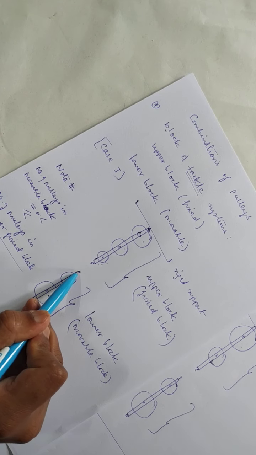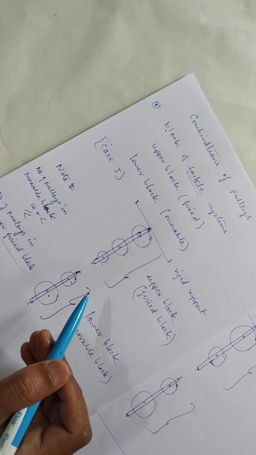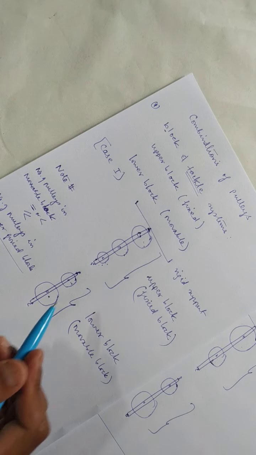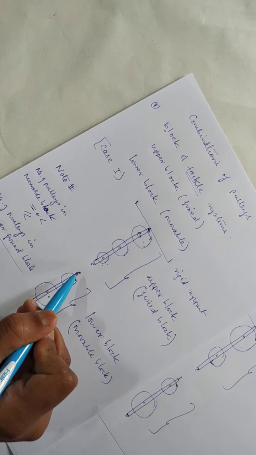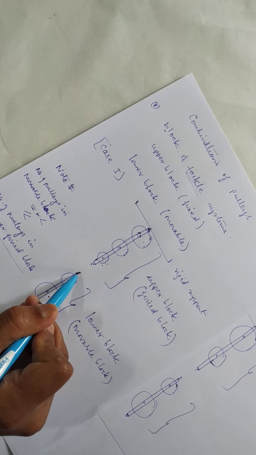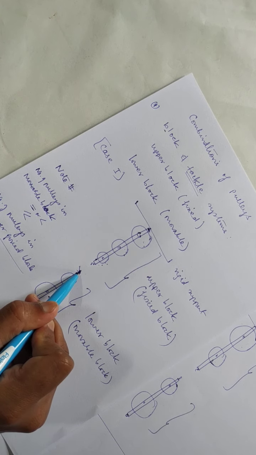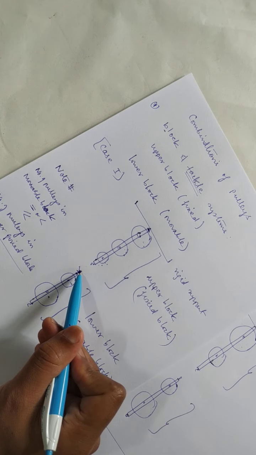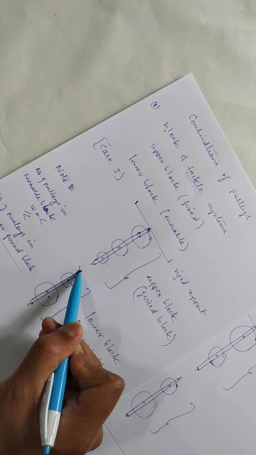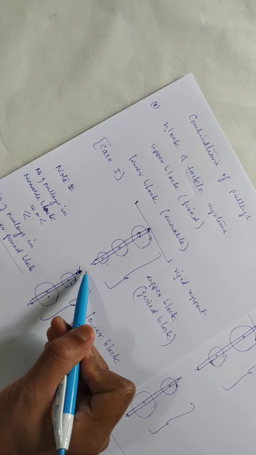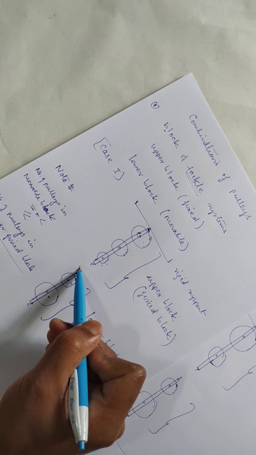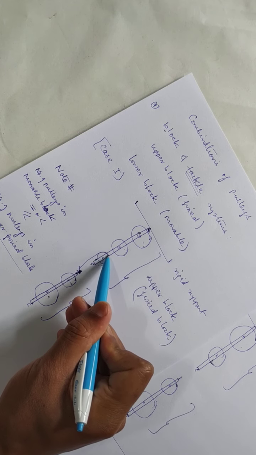So now what happens is, we have to pass the string. So we take one end of the string and we tie it to the lower end of the lower hook of the block. See here, this is the lower hook. So we tie one end of the string, and that string you can pass either through this direction or through this direction. Let me pass through this direction. It goes like this.